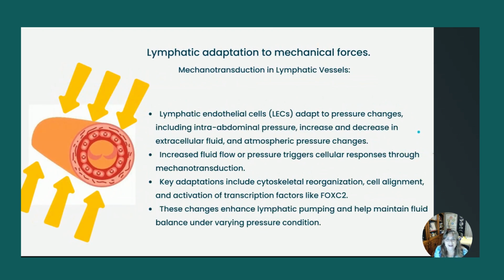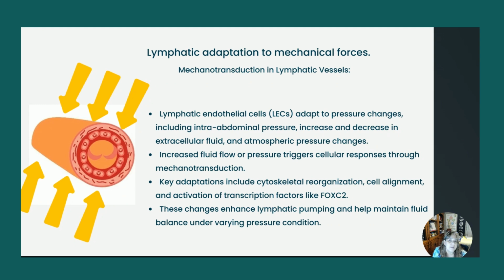So, lymphatic adaptation to mechanical forces, which is mechanical transduction in lymphatic vessels. Here, the lymphatic endothelial cells, which are the cells on the inside of the lymphatic walls, also adapt to pressure changes, including intra-abdominal pressure, increase and decrease in extracellular fluid, and atmospheric pressure changes.